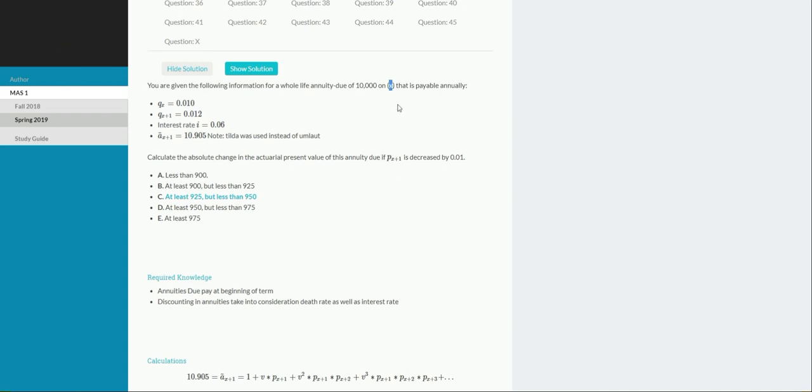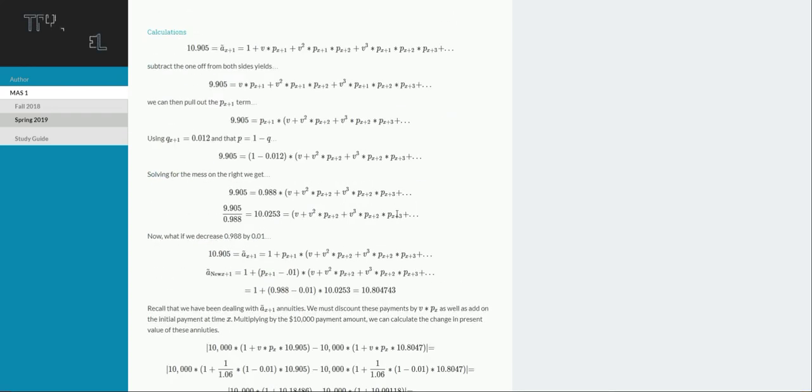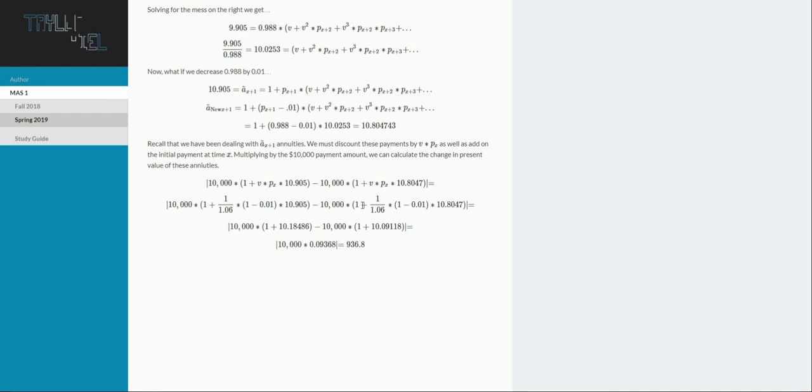We care about things being in terms of year X. So for the annuity due that we have, we need to discount those payments. Since it's X plus 1, we discount it one term, and then we also consider the probability that you survived that very first year. So this is discounting by the probability you survived the first year as well as the discount rate.